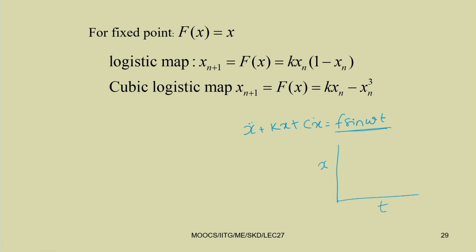In case of the under damped system, it will damp out and go to 0. So, this line is the 0 line, and from a given initial point you can plot the time response.